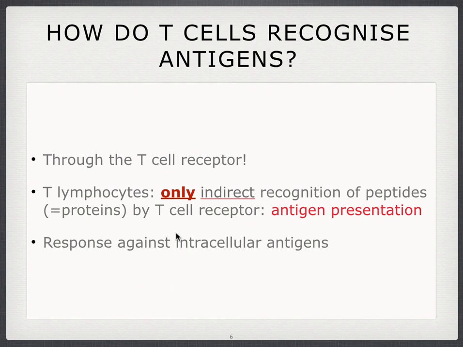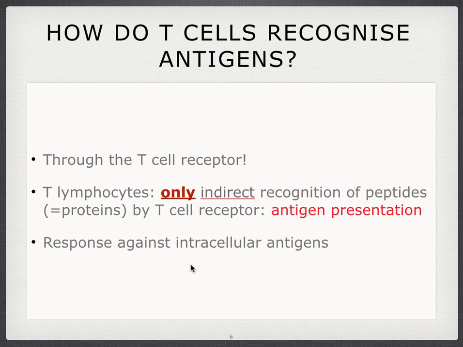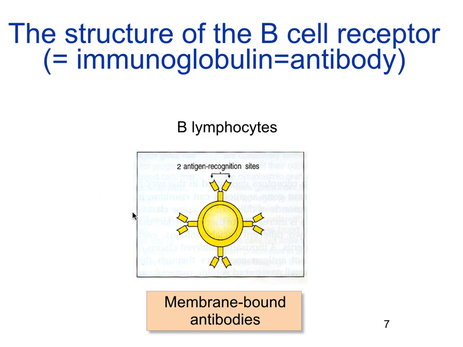So they need antigen presentation. And who does antigen presentation? That's other cells. Other cells can present antigen to T lymphocytes in the context of certain molecules. So therefore the response of T cells is always directed against intracellular antigens.